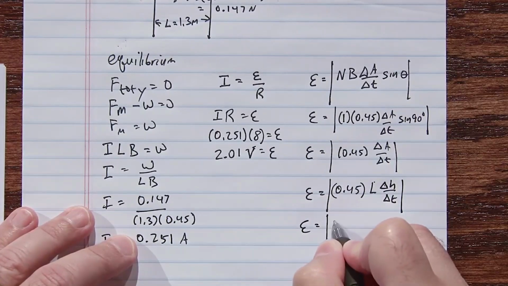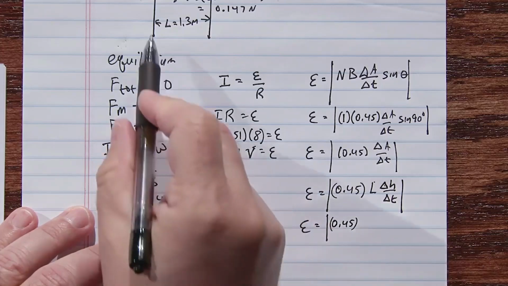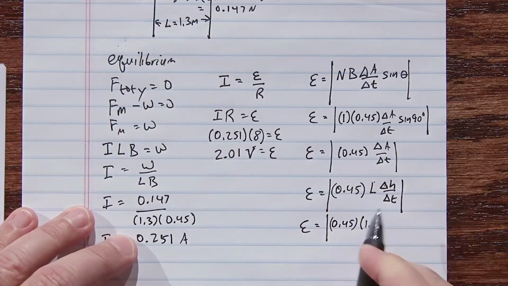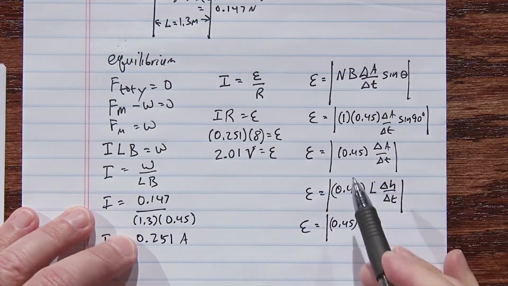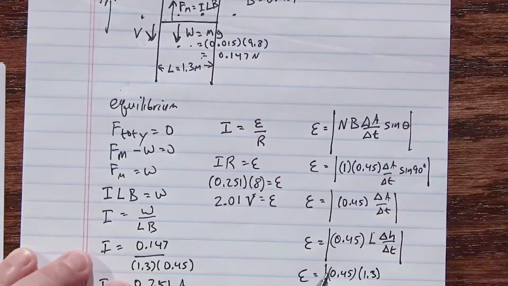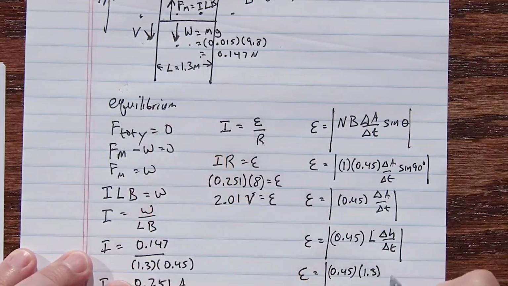So the electromotive force is 0.45 times the width of 1.3, and the change in the height here over time is just the speed of the bar.